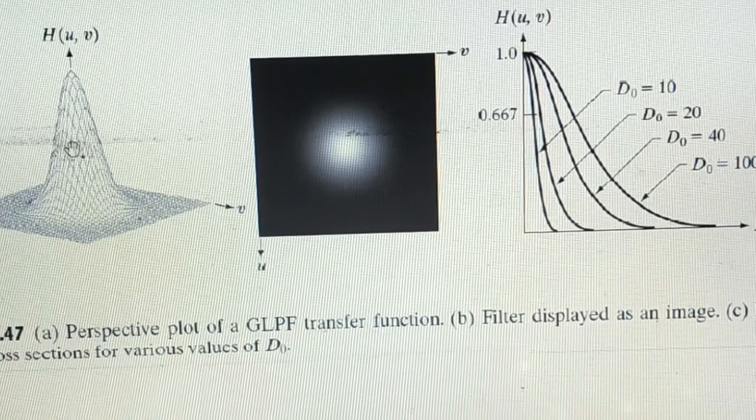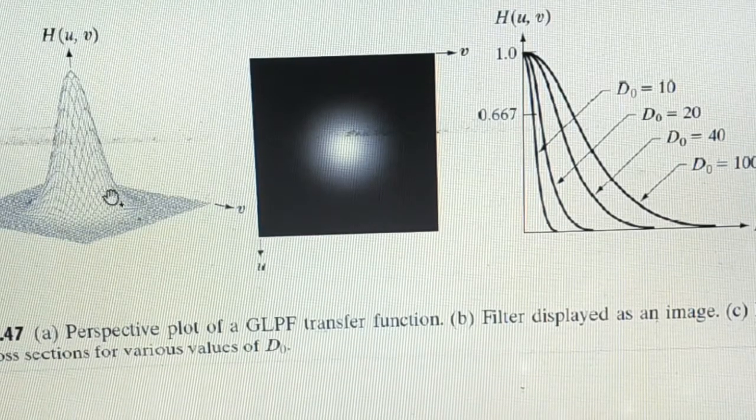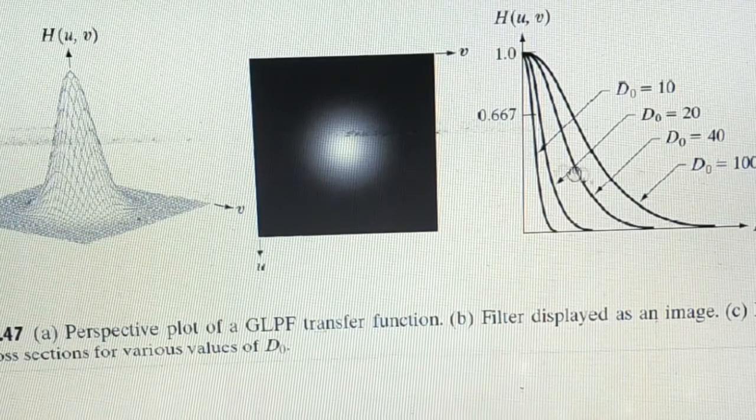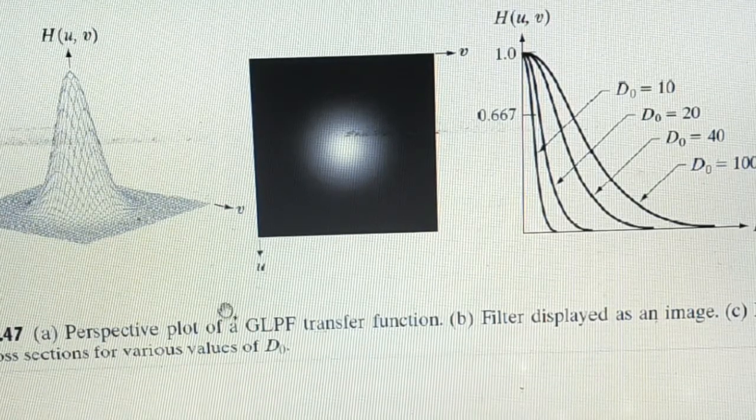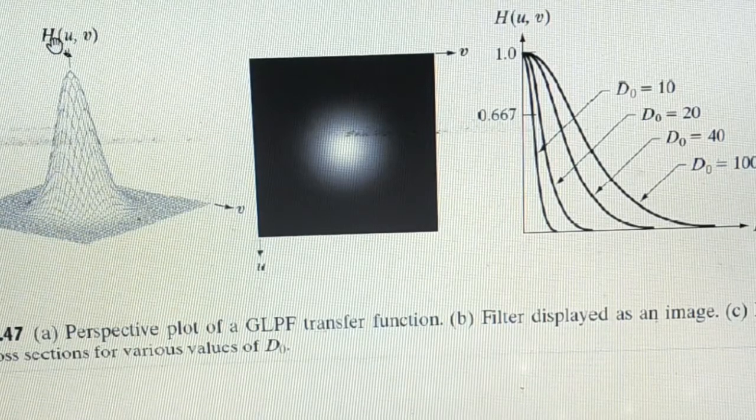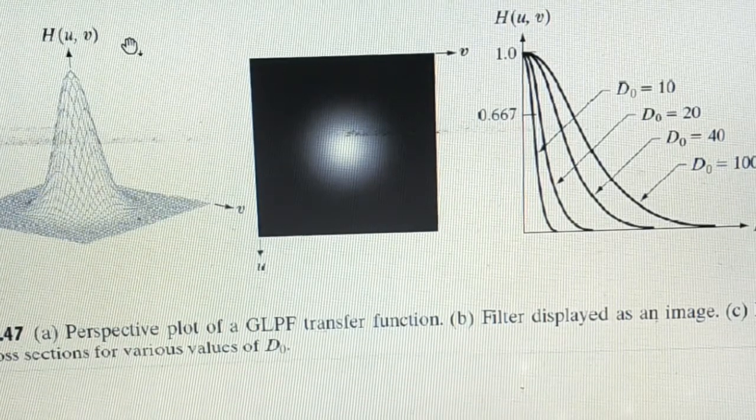So this will give you the perspective plot of the Gaussian low pass filter. So these are three equivalent plots to represent the Gaussian low pass filter frequency response capital H of u comma v.